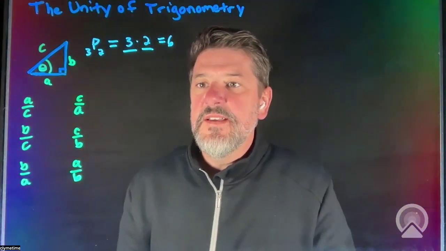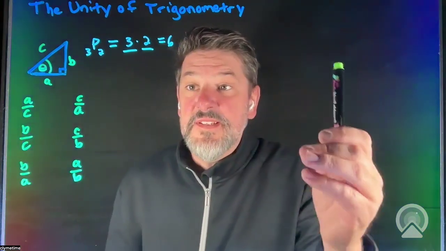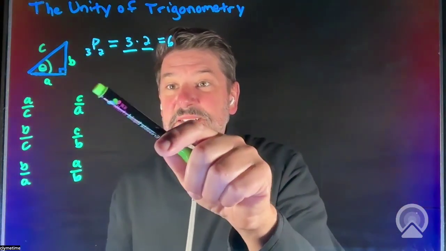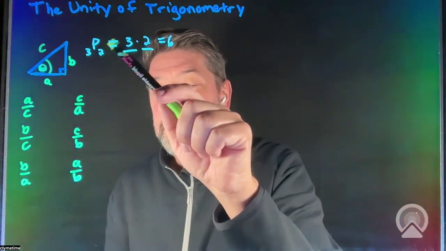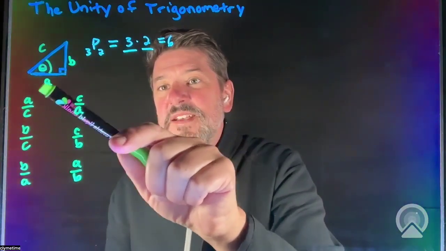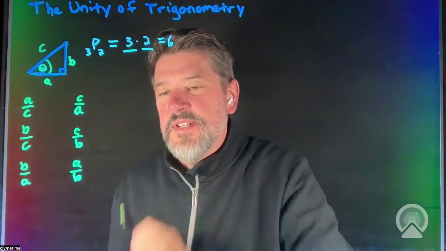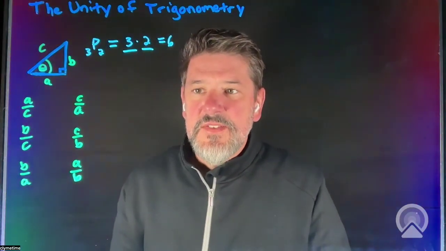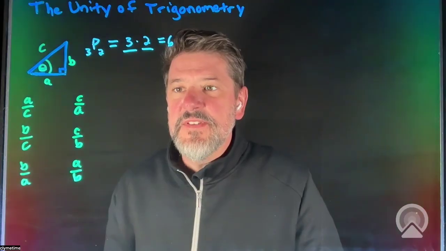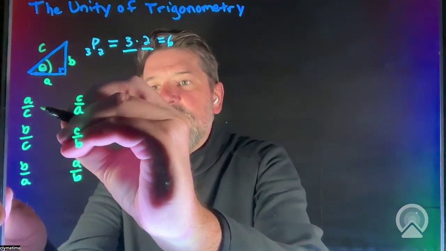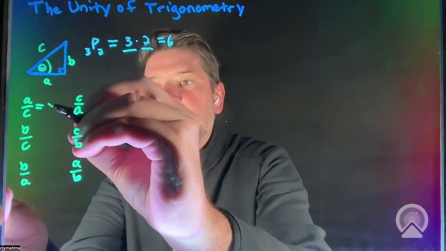And so that's why, because of the fixed mathematical possibilities, there are exactly 6 ways to choose any 2 sides if order matters. And order does matter when we're talking about a ratio. So these are 6 possibilities. A over C has a name, and that name is called cosine.